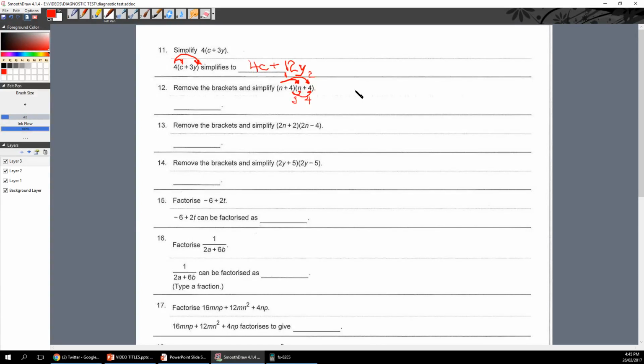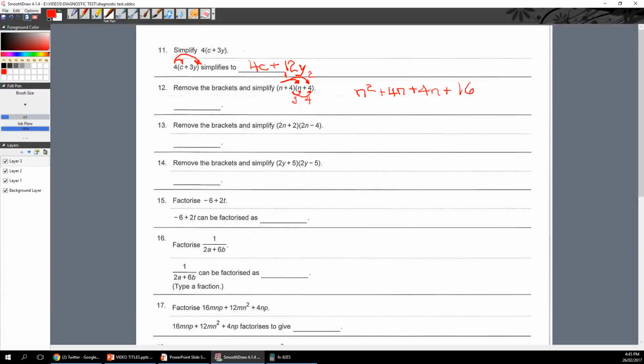So it's going to be n squared plus 4n. Plus 4n again. It's usual to put the numbers first and then the letters, and then plus 4 times 4 is 16.